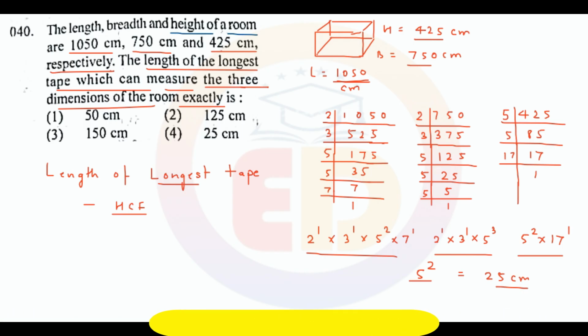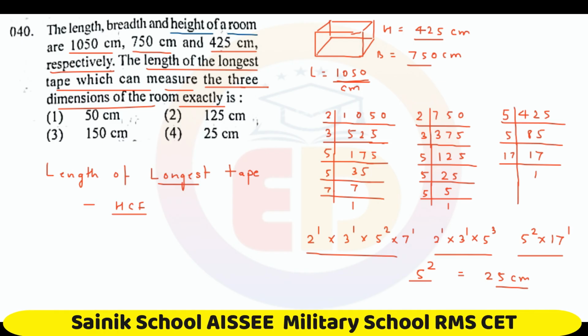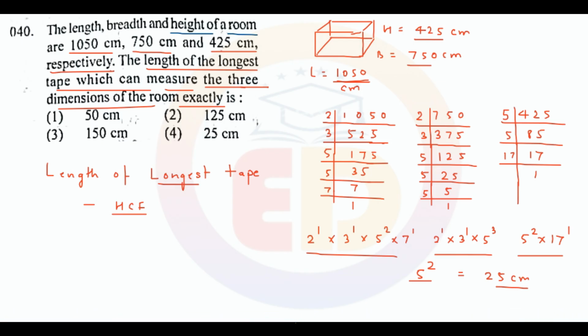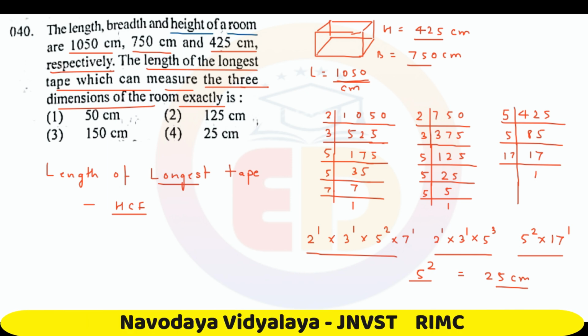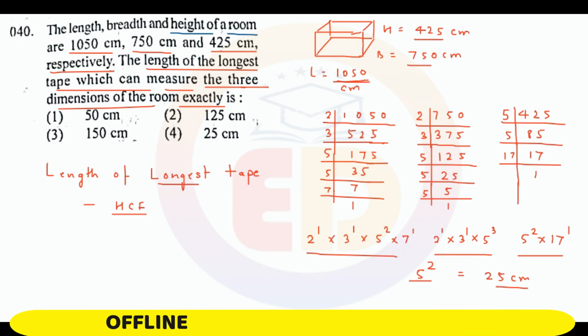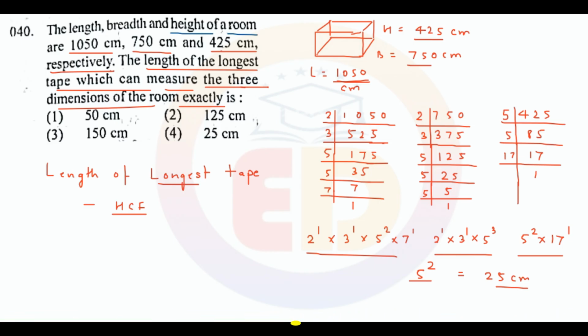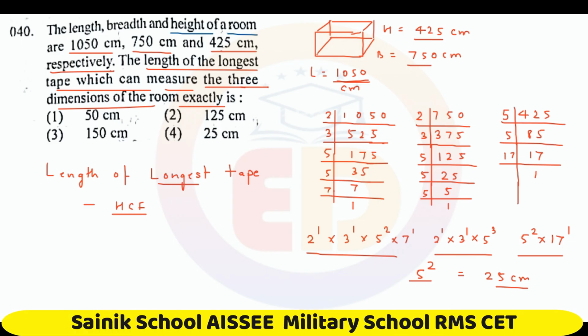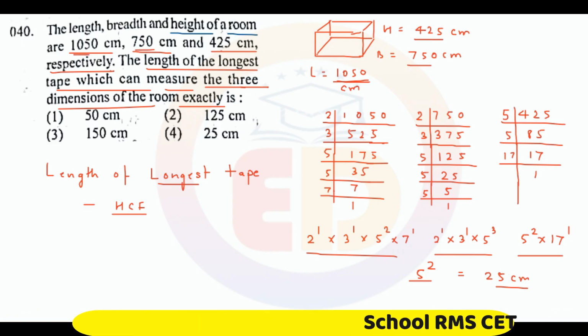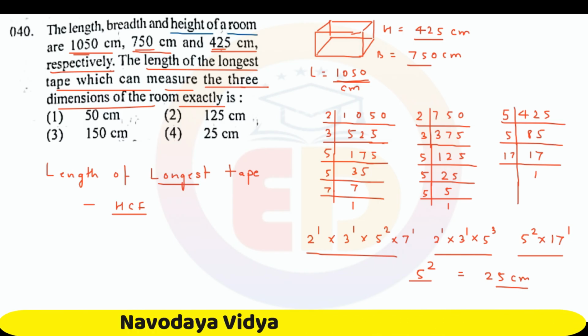Another easy way of finding the answer would be: the HCF is that number which is a factor of all the three. So it means my HCF should divide all these three numbers: 1050, 750 and 425.